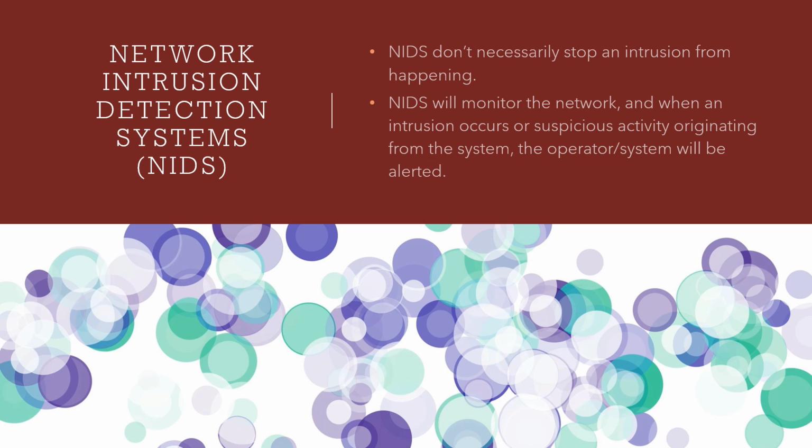So an NIDS will monitor the network, and when an intrusion occurs, there's going to be an alert. This alert will tell the higher authorities that there's an intrusion attempt or just suspicious activity happening and that it needs to be further investigated.